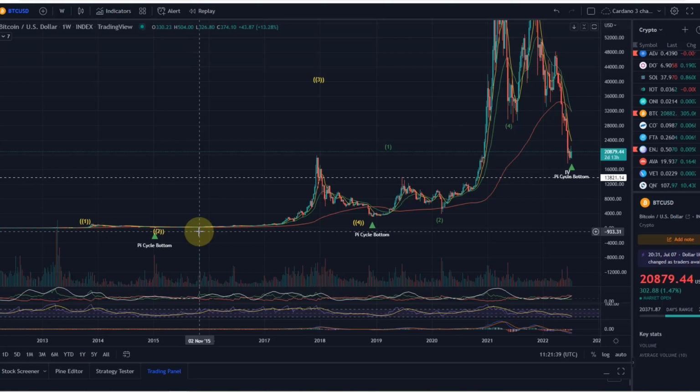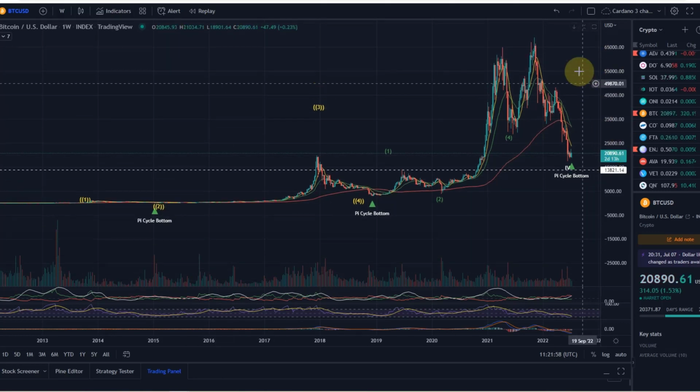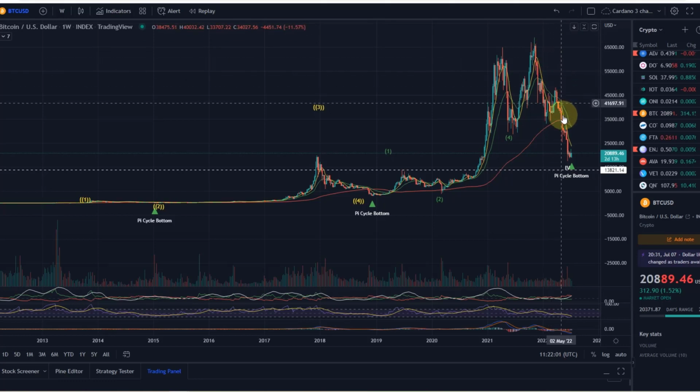And while it does not necessarily mean it needs to go up from here, it would indicate, in my opinion, that either we have seen the low already in the Bitcoin chart, or that we are at least very close to the low. Now, that could still mean we maybe drop another 30, 40, 50% from here. But considering where we're coming from, $70,000 down to 17,500, most of that move down has been made anyway.